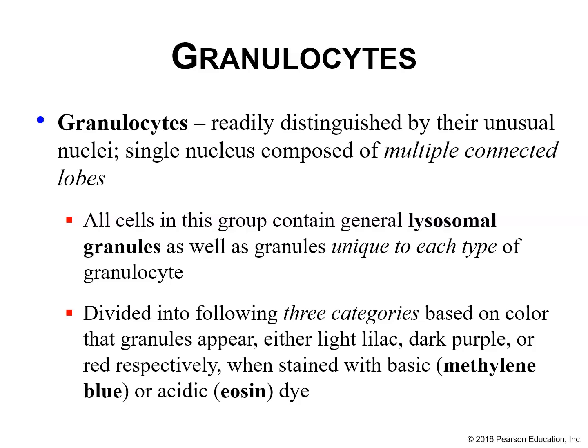And they'll stain these colors when they're stained with either a basic dye, or methylene blue dye, or an acidic dye, or eosin dye. And incidentally, that's how we get the name eosinophil, which is a type of leukocyte that stains with this acidic dye.